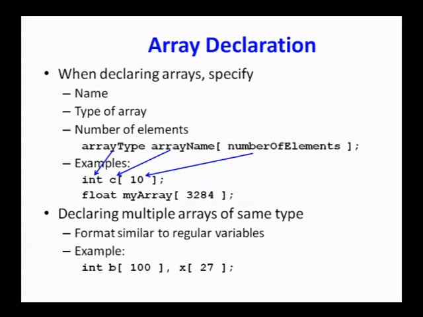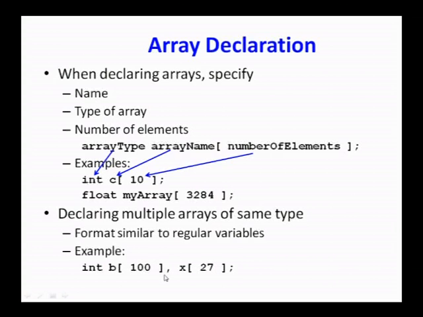Next, this is an example where we are declaring a single array. Suppose I am using multiple arrays in my program. These multiple arrays could be declared in the same manner as any ordinary variable, that is, by separating the declarations by a comma.